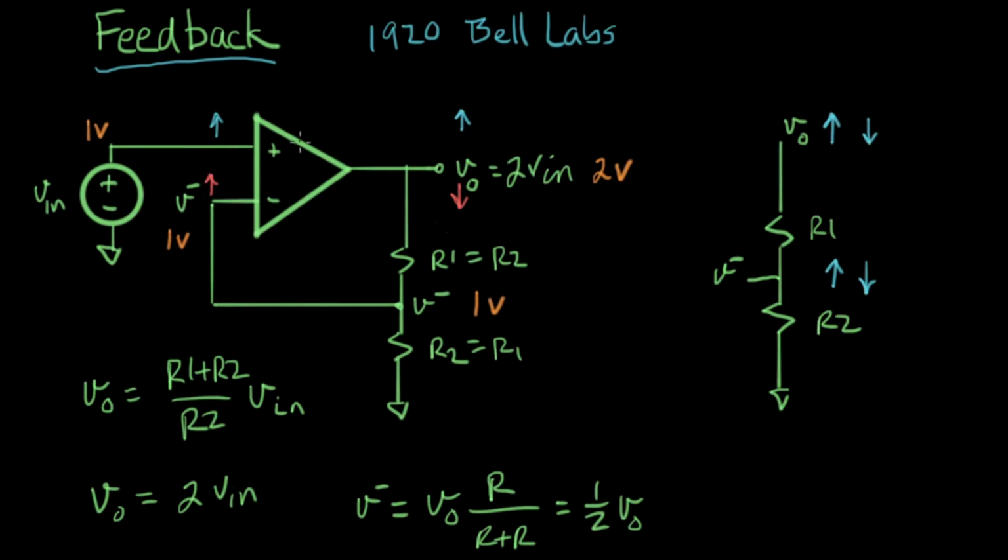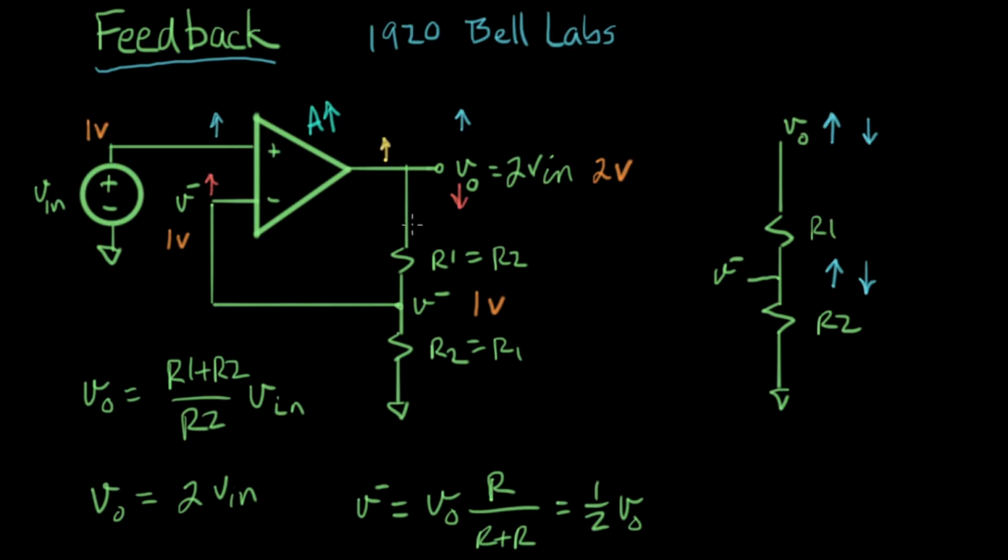Let's say for the moment that something happens to this circuit, like we heat it up, and the gain goes up a little bit. That means this amplifier, which is amplifying this voltage difference right here, is going to have a little higher gain, so A goes up a little bit, and that means this output voltage is going to go up a little bit.